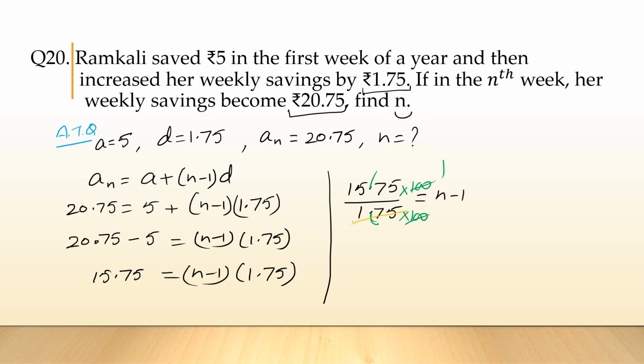So 25 7s are 175, 25 6s are 150, 25 3s are 75, then 7 1s are 7, 7 9s are 63. So we have 9 equal to n minus 1. So 9 plus 1 equal to n. So we can say n equal to 10. They were asking the value of n. So therefore n equal to 10.